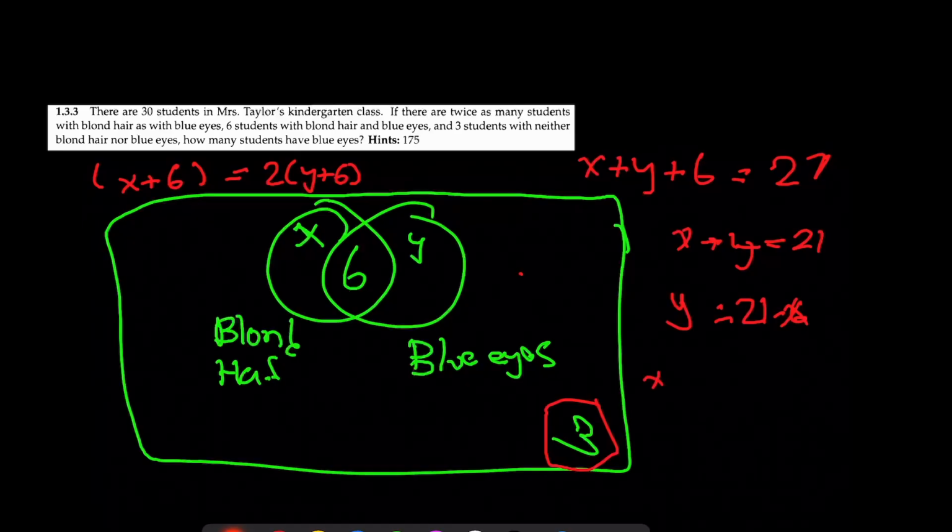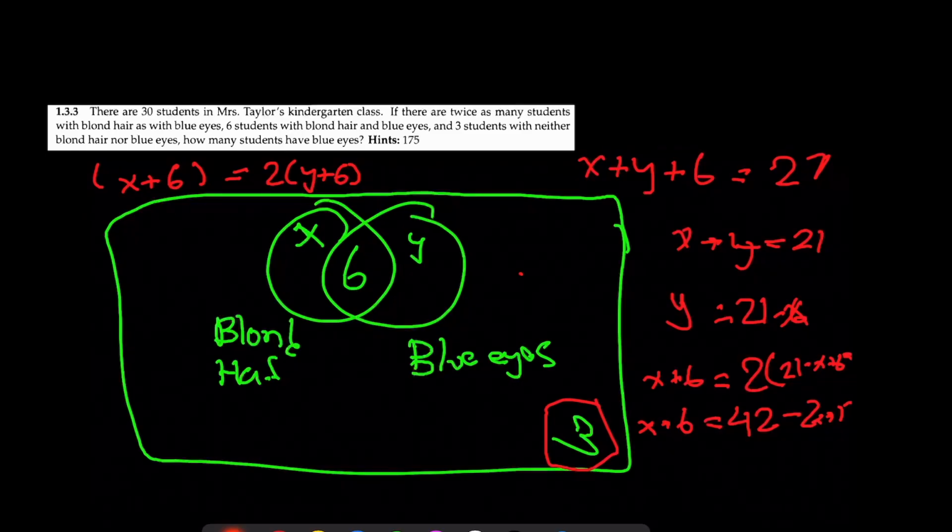This gives us x plus 6 is equal to 2 times (21 minus x) plus 6. This gives us x plus 6 is equal to 42 minus 2x plus 12, or 54 minus 2x is equal to x plus 6.